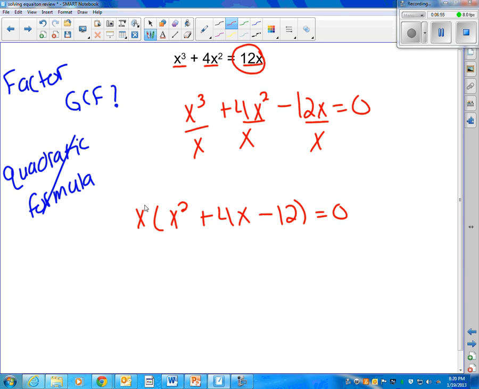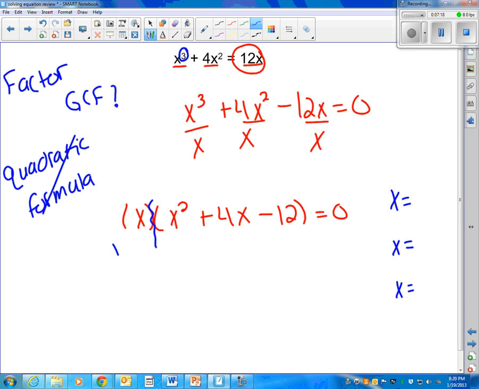Anytime you have an x, make sure it's in parentheses. Each group of parentheses, set them equal to 0 and solve. Remember here, I've got a cube, so you expect to find 3 solutions.